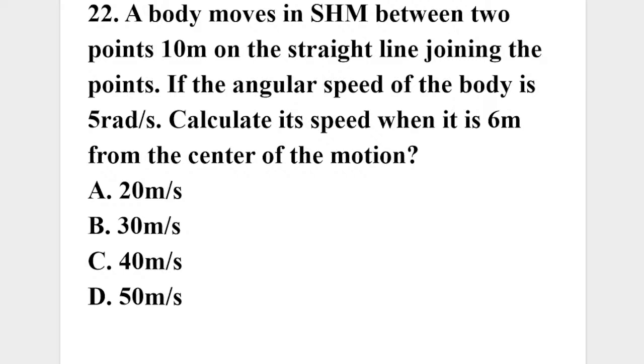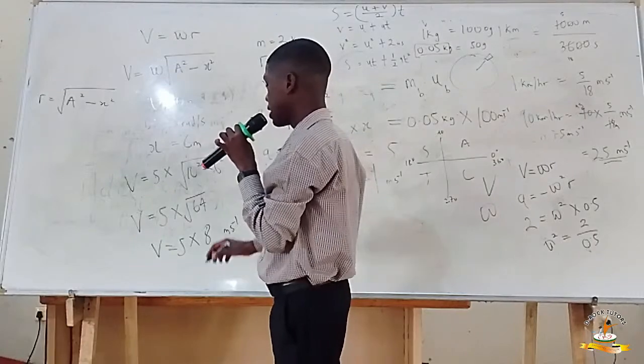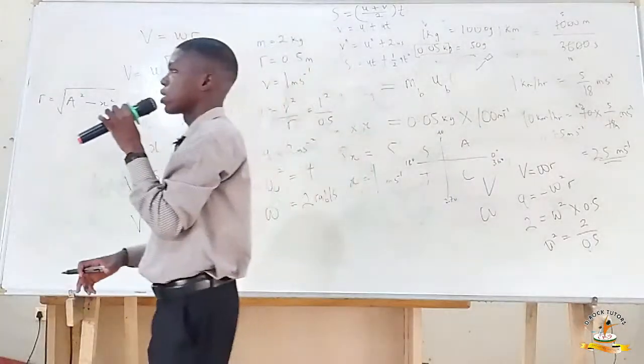That is 100 minus 36, which is 64. Root 64 is 8. So my V equals 5 times 8 meters per second, which is 40 meters per second. So that is C.